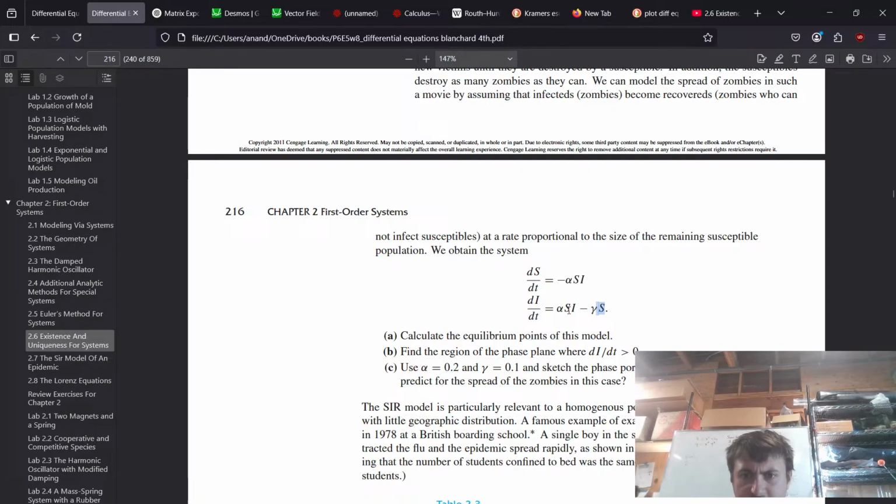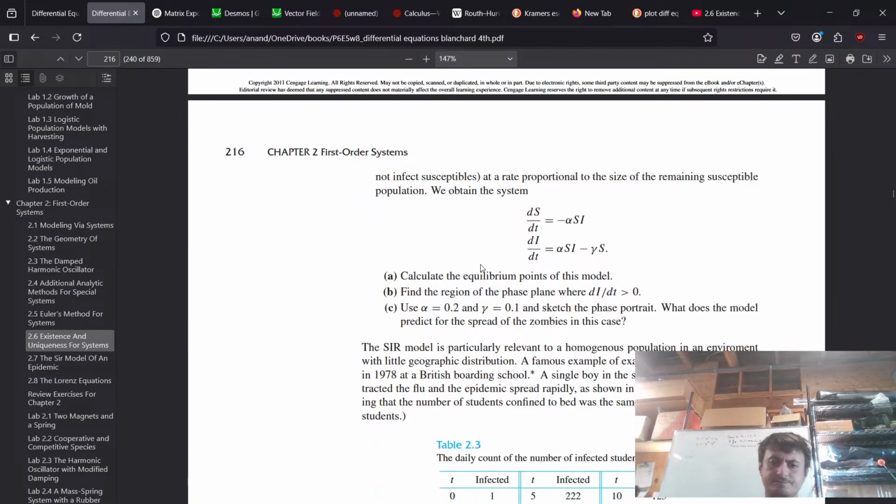If there's no infected people, okay, so then S equal to anything, or maybe 1. Okay.